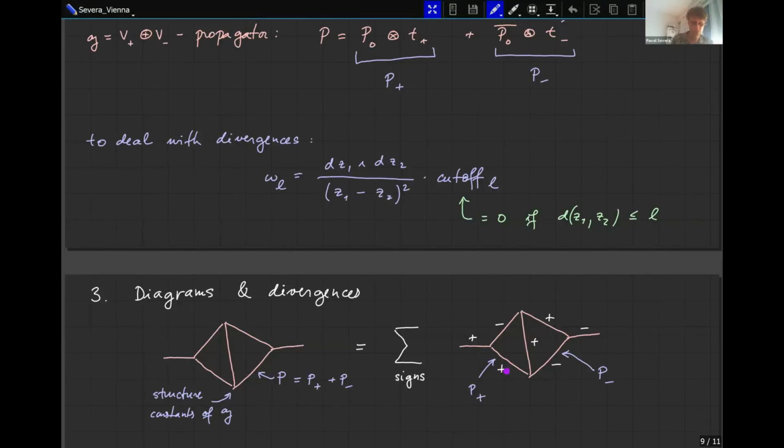The advantage of this splitting is that each signed diagram is computed as a product of two things. One is purely an integral, where you would see only those P0s or P0 bars. The other is the same diagram, but understood in the Lie algebra, where you just see the structure constants of the Lie algebra at each vertex, and orthogonal projections to either V plus or V minus at each edge.